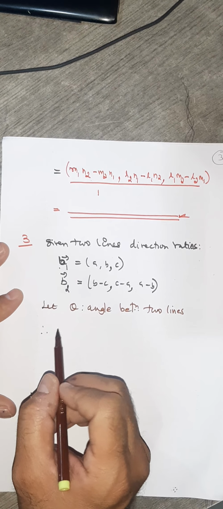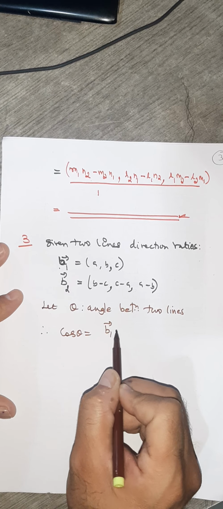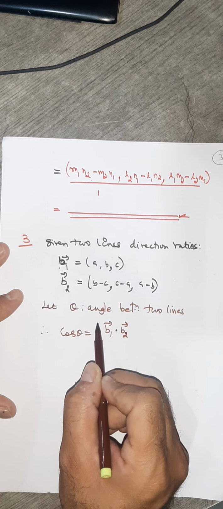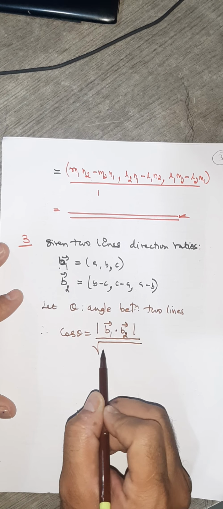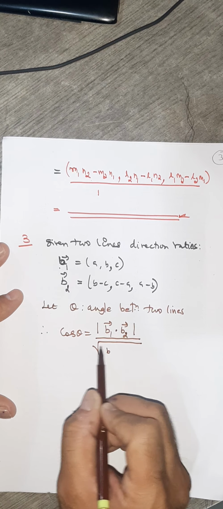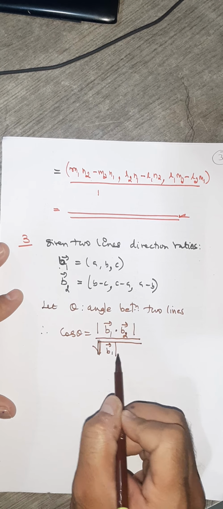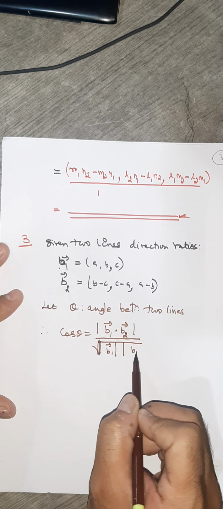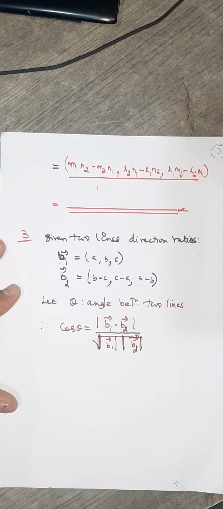So let theta be the measure of the angle between these two lines. Which formula? Cos theta equals B1 dot B2 with modulus, upon the individual moduli: magnitude of vector B1 times magnitude of vector B2. This is a basic formula we have used a number of times earlier.